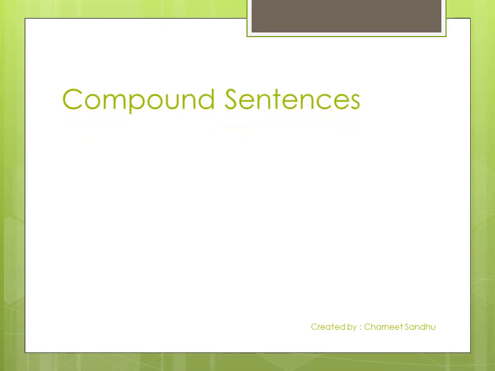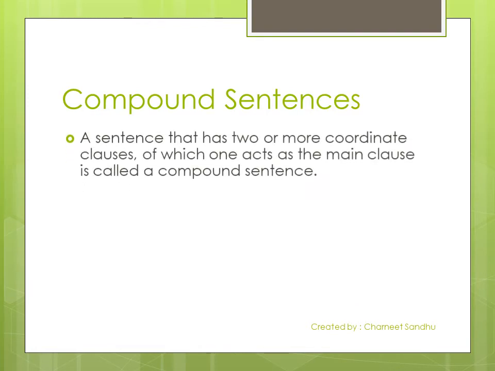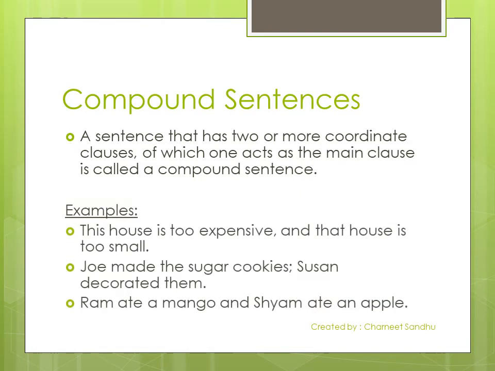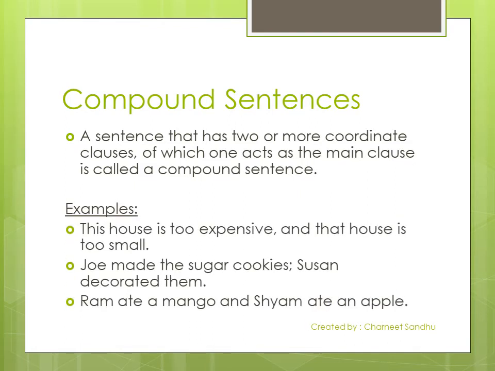Next is the compound sentence. A sentence that has two or more coordinate clauses, of which one acts as the main clause, is called a compound sentence. Let us look at a few examples. This house is too expensive and that house is too small.